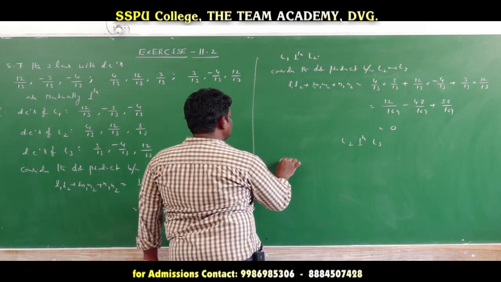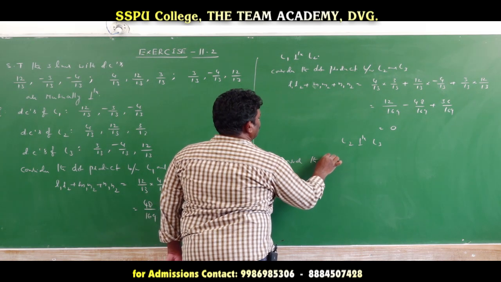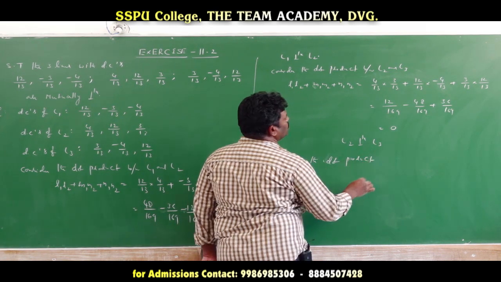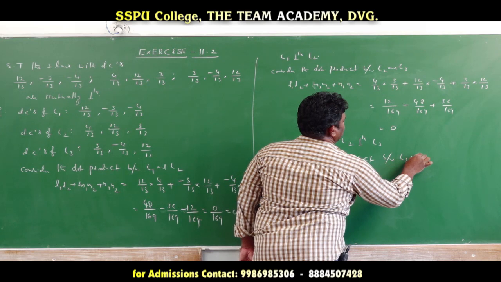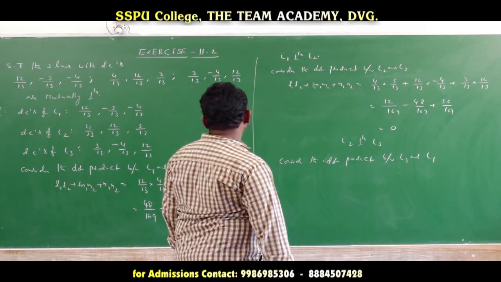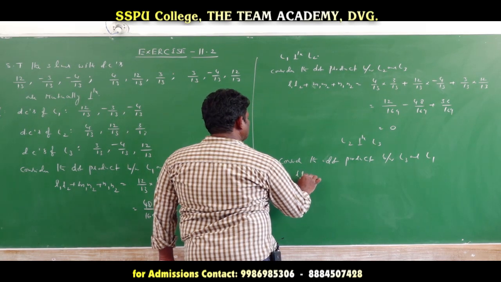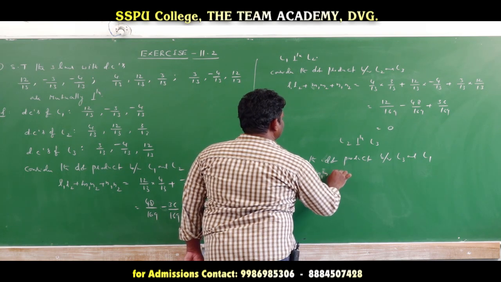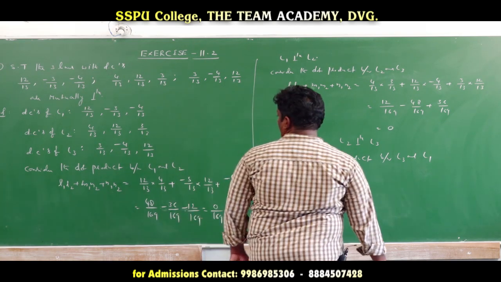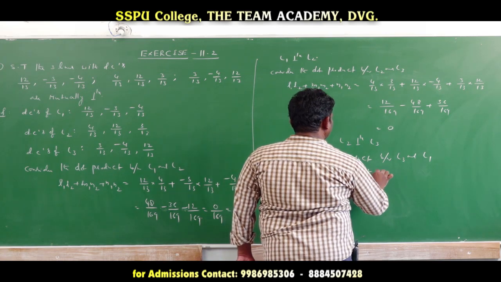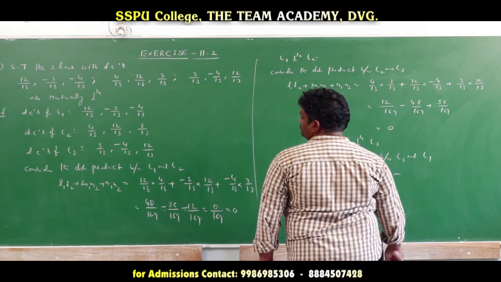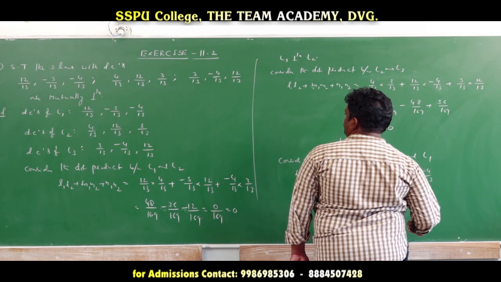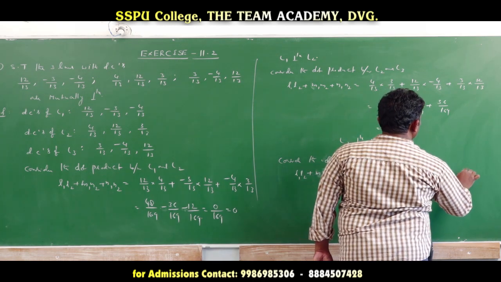Now again consider the dot product between L3 and L1. Again the sum is 12 by 13 into 3 by 13, next minus 3 by 13 into minus 4 by 13, next minus 4 by 13 into 12 by 13.